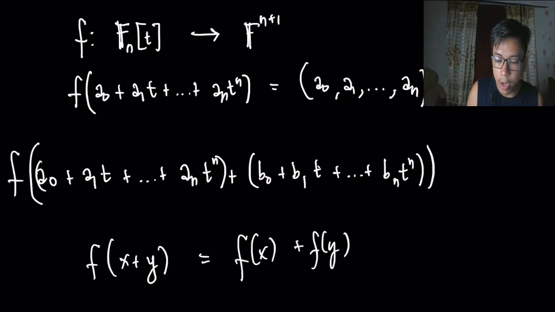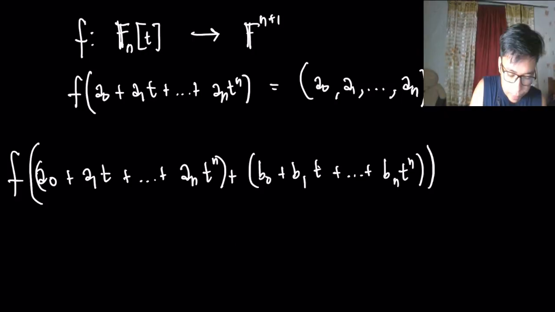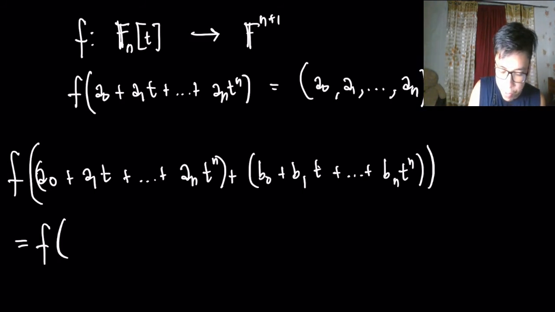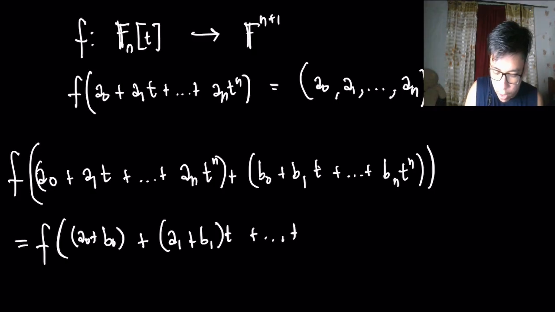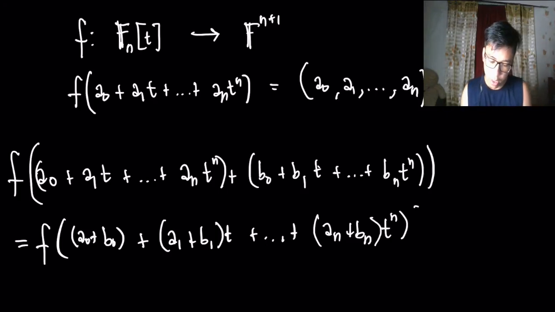Now observe that I can combine a_0 and b_0, and I would have a_0 plus b_0, and then I can combine a_1 and b_1, so I have a_1 plus b_1 t, plus up until a_n plus b_n t^n.